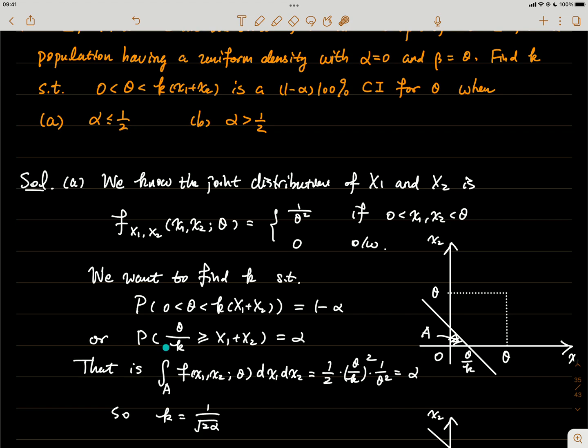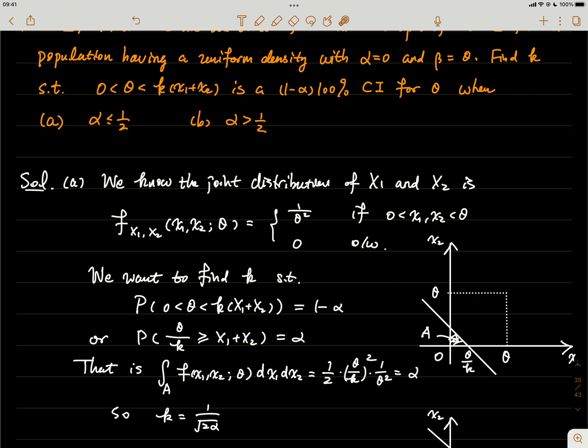Now let's look at this. It says that the probability that this happens is equal to alpha, that is, x1 plus x2 is less than or equal to theta over k. Look at the picture on the right. This is the domain, and the PDF is a constant over this region.